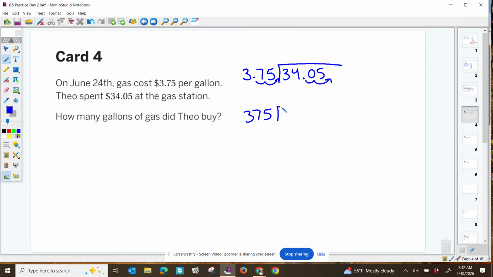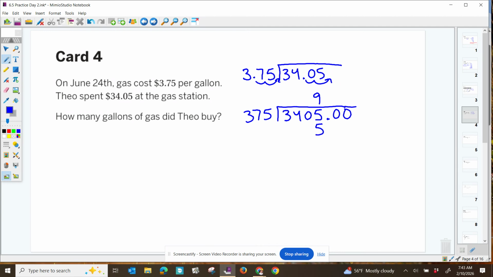Now, I don't know my multiples of 375, but I can kind of guess at what's going to happen here. I'm probably going to need 2 decimal places. So I look at this, and I go 375, and then I've got 3405. None of those works. I'm going to guess 9, because that's really close to 10 times that.